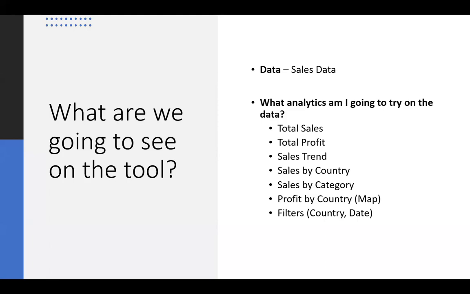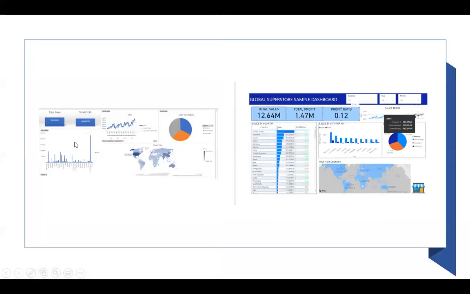We will be analyzing things like sales trend, and sales by different dimensions like country, category, and so on. We're going to do this both across Excel and Power BI. We're going to try to do the same thing in Excel and in Power BI, and create something which looks like this at the end of the day in both of them. So let's get to that, and then we'll see how we can do it across both of them.